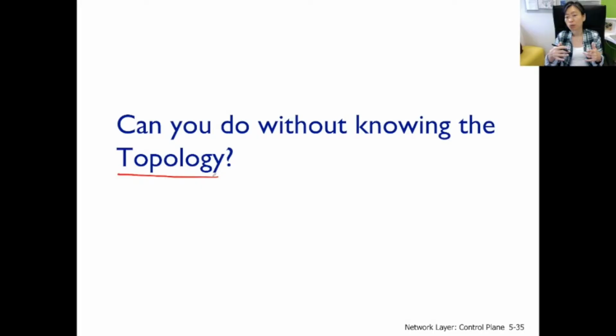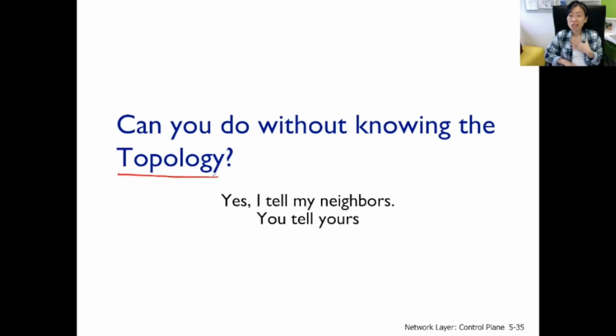So the question to ask is this: can we discover best paths, best routes, without knowing the global information? It's possible. We just need to be a bit patient. Polly here might have 2 neighbors, Alice and Bob. Bob and Alice do not know each other, so there's no path existing from Bob to Alice.